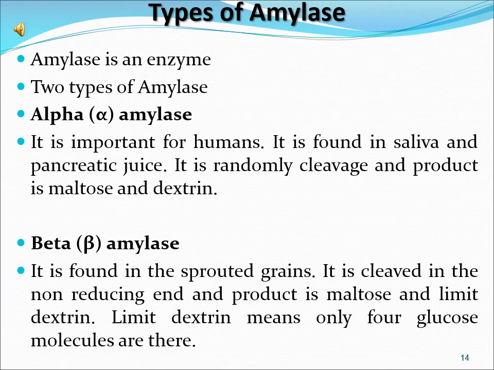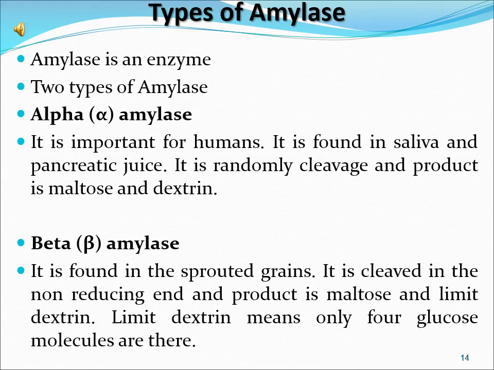Now the types of amylase. As you know, amylase is an enzyme, and there are 2 types of amylase. Number 1 is alpha amylase, and number 2 is beta amylase. Alpha amylase is important for humans. It is found in saliva and pancreatic juice.